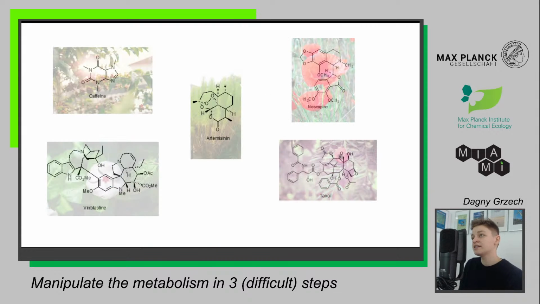Okay, so I said that we are going to focus on plant secondary metabolites, and indeed, here are some examples of plant secondary metabolites. The first one is caffeine, which has quite a simple structure in comparison to the other ones, and it's a metabolite that we all know and love.